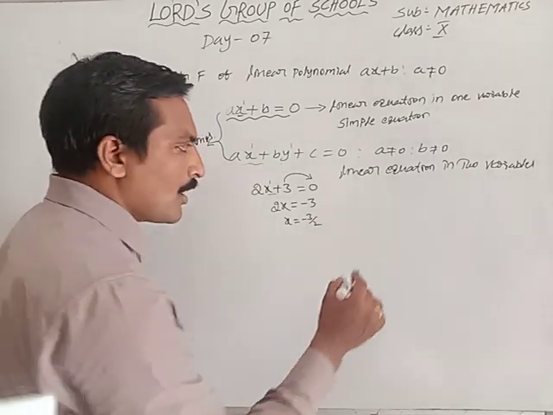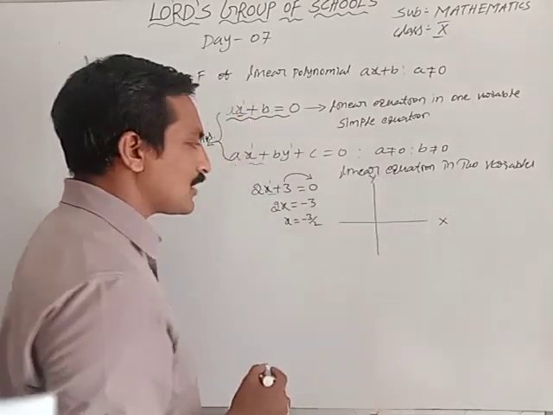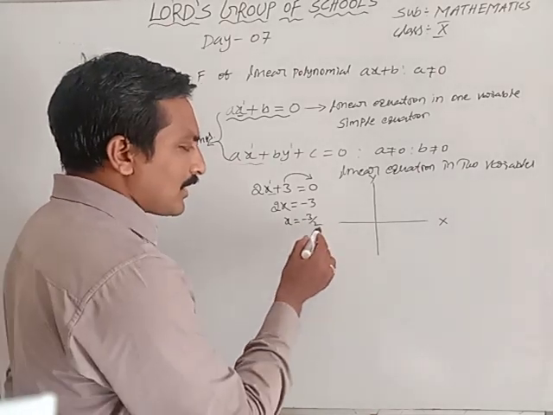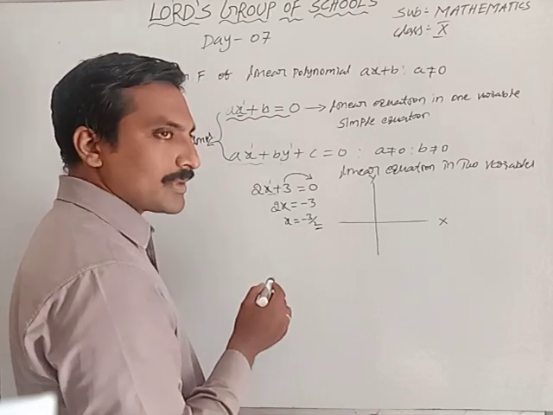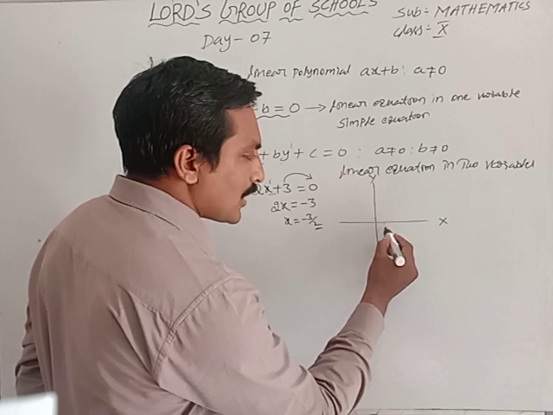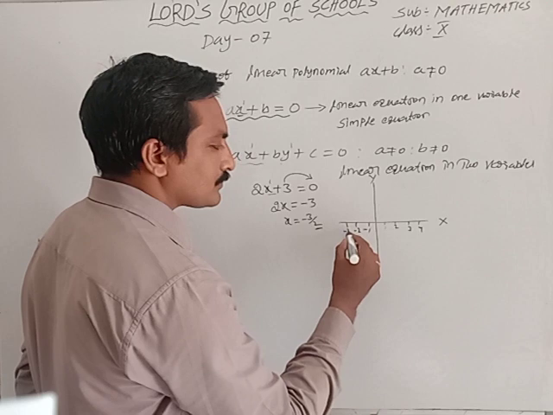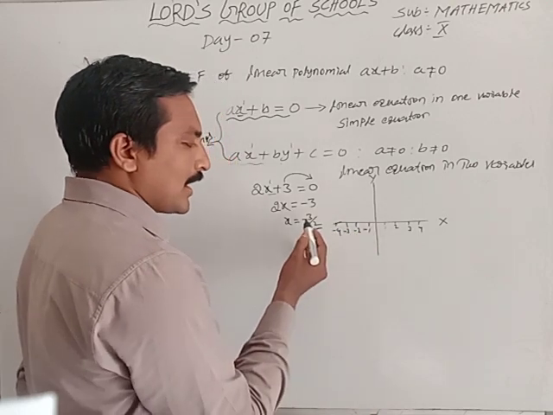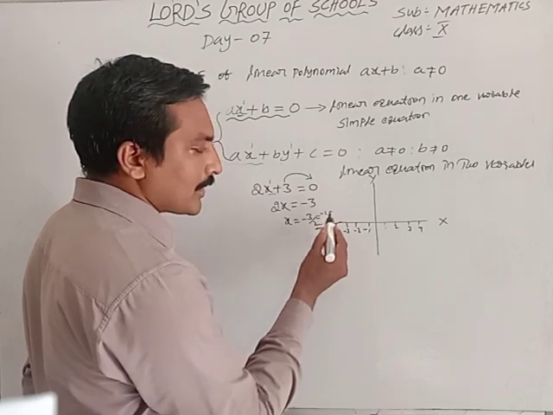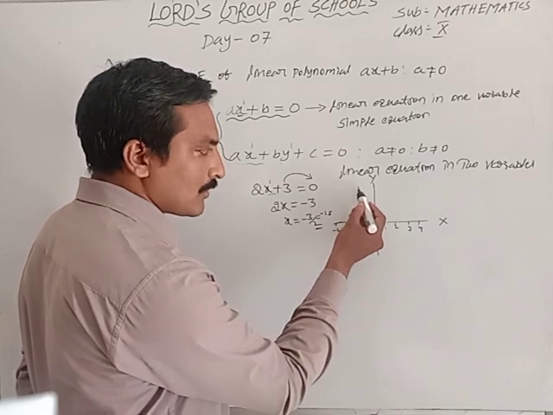When you take the graph sheet with the x-axis and y-axis, x is equal to minus 3 by 2, that is minus 1.5. On the x-axis, marking 1, 2, 3, 4, 5 and minus 1, minus 2, minus 1.5 lies between minus 1 and minus 2, so you draw a line there.